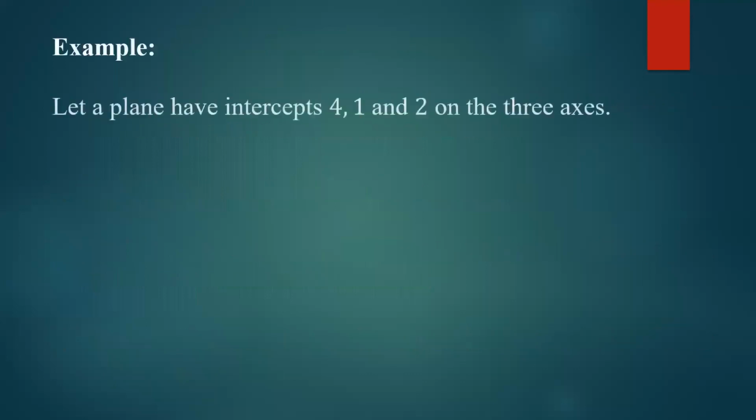Now I will take a simple example. Let a crystal plane have intercepts 4, 1, and 2 on the three axes, that is the x, y, and z axes respectively. It is not given clearly, but we assume that 4 is the intercept on the x axis, 1 on the y axis, and 2 on the z axis, in terms of multiples of the lattice constant.